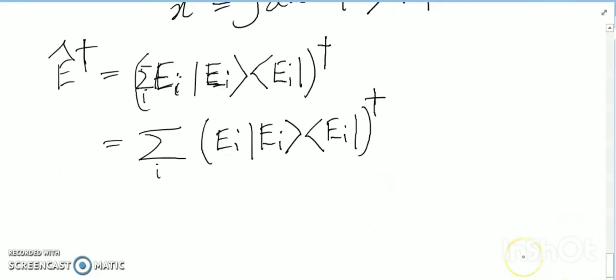Okay, so let's use our product rule for the Hermitian adjoint. We flip the order and then distribute the dagger.